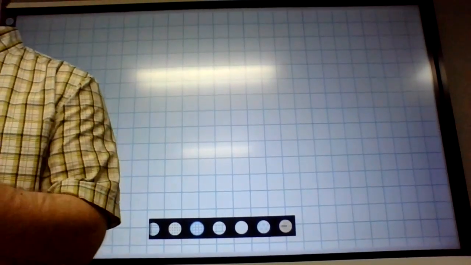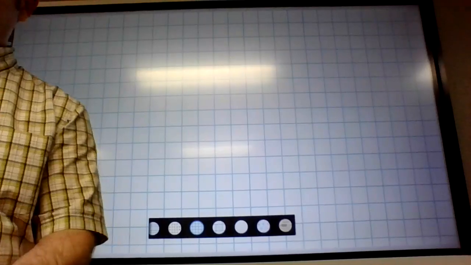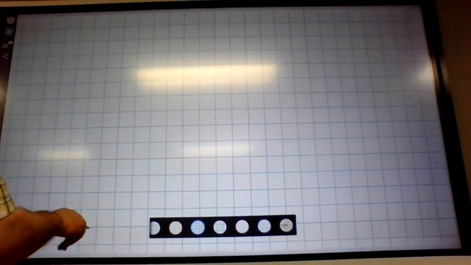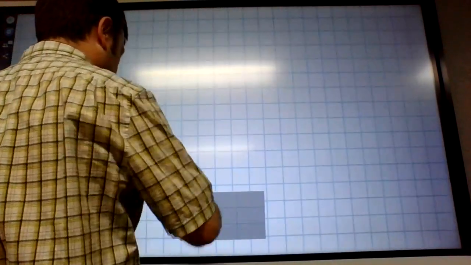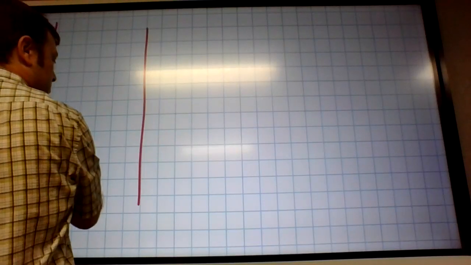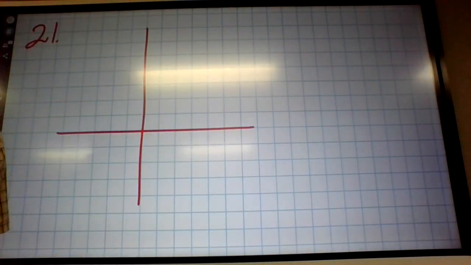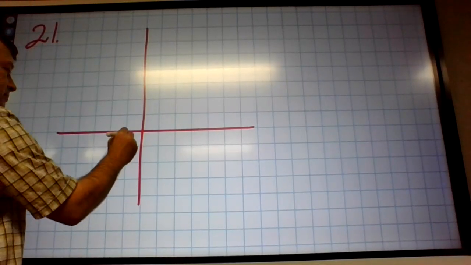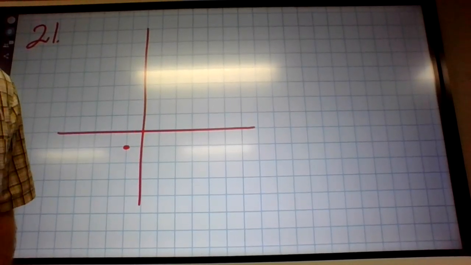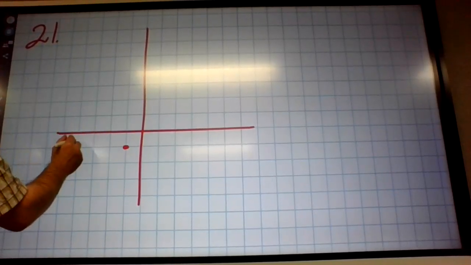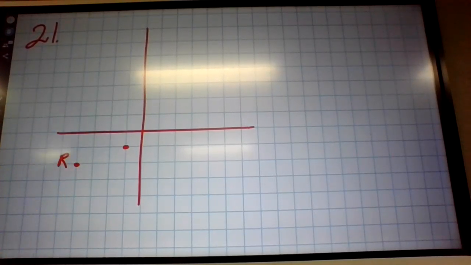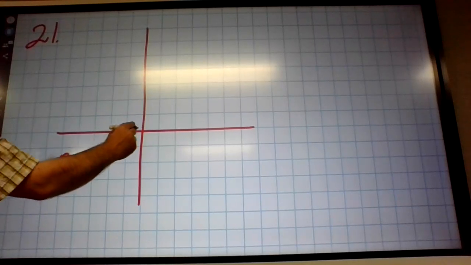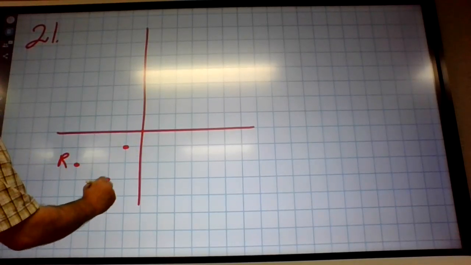I'm just going to start by graphing the points they gave me on 21, Q, R, and S. So Q is -1, -1, that means left one, down one. R is -4, -2. And S is -2, -3.